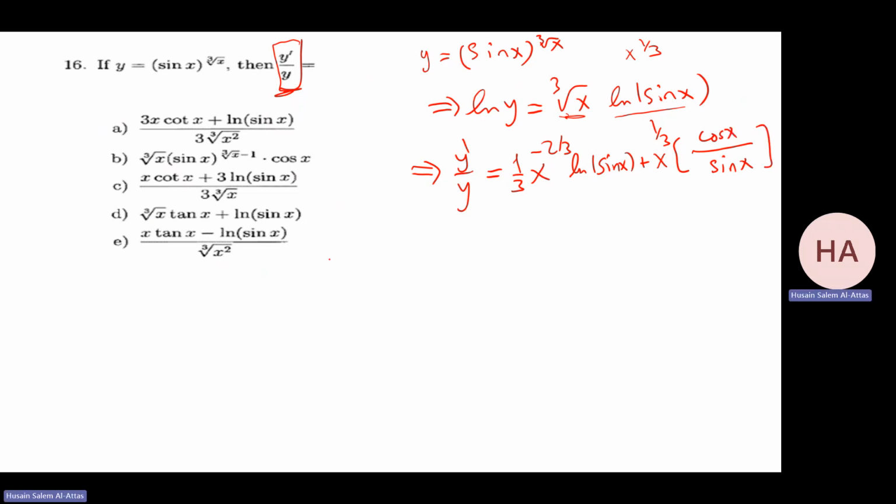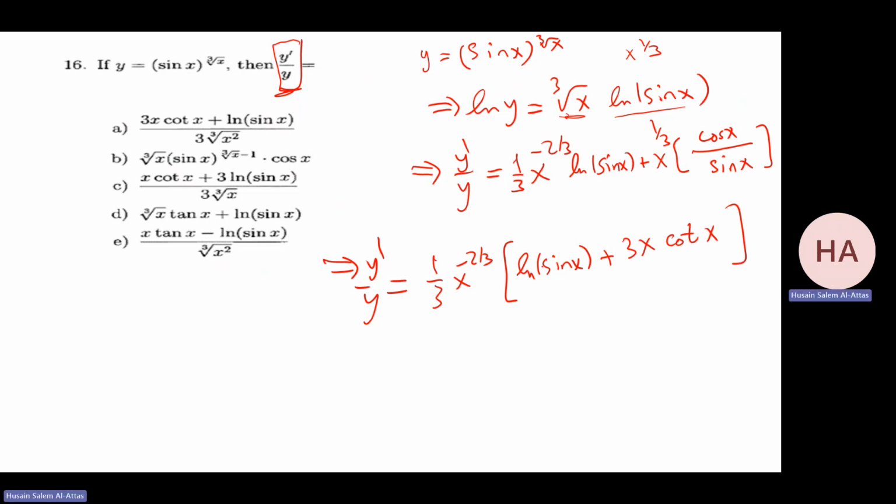Okay, so y prime over y, I will take 1 over 3, x to the power minus 2 over 3 as a common factor. What is the remaining? It will be ln sin x, and in this one I have 3x cotan x.